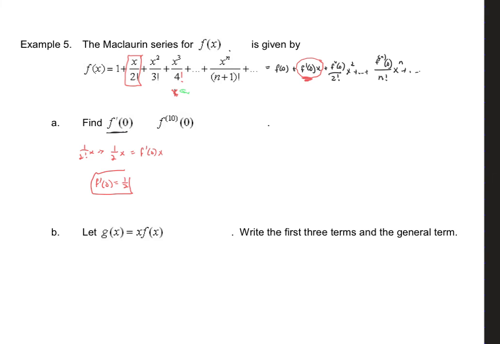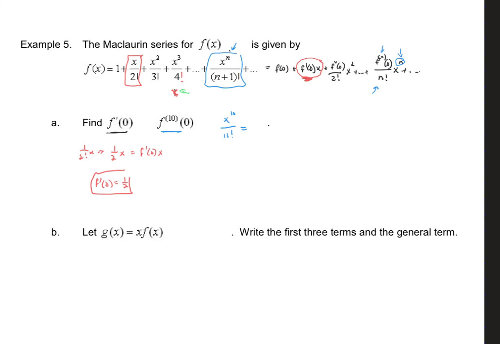Now, the same thing is true for finding this. We know that our formula matches the order of the derivative with the degree of the power of x and that same factorial. So we look first for the 10th degree. If this is our general term, then when n is 10, we're going to have x to the 10 over 11 factorial.